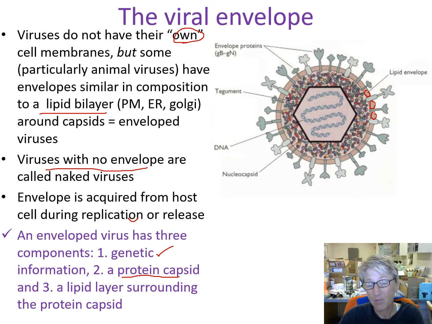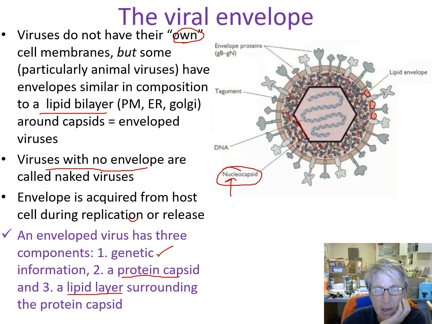And then if it's enveloped, it has that lipid layer or lipid bilayer that surrounds the protein capsid. And so in this cartoon, they're calling it the nucleocapsid, but it's the same thing as a capsid. They just called it a nucleocapsid here because it's containing the nucleic acid. But if you call it a capsid or a nucleocapsid, it's the same thing, and it's made of proteins.